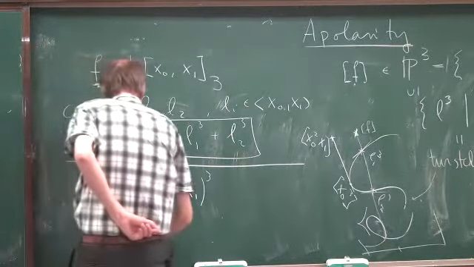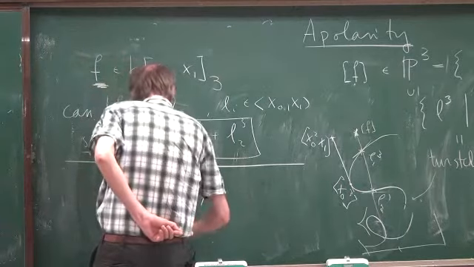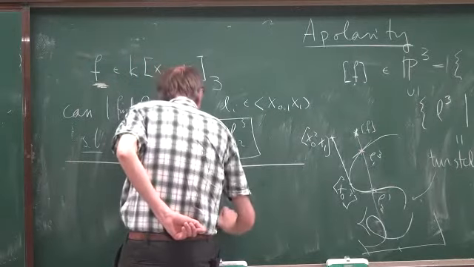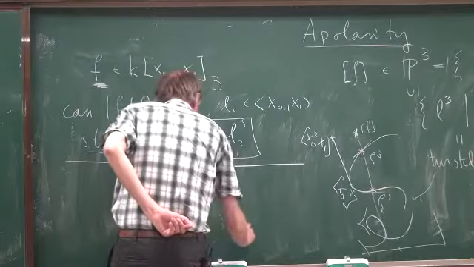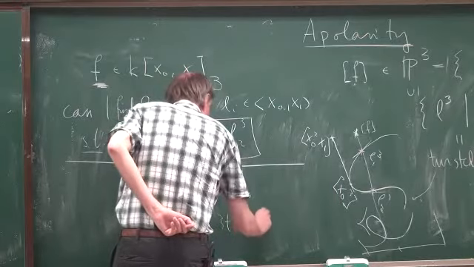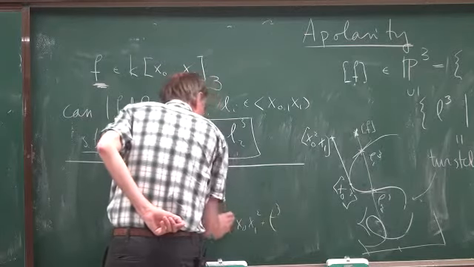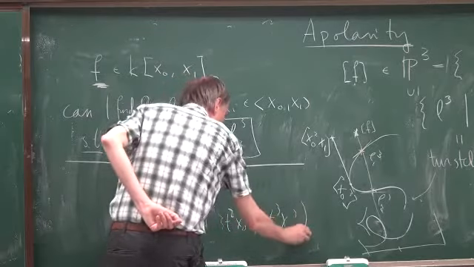Then you see that you get x0 cubed and then 3t x0 squared x1 plus 3t squared x0 x1 squared and then t cubed x1 cubed.